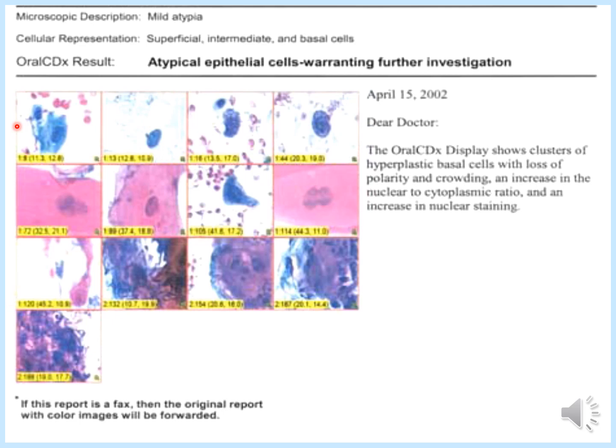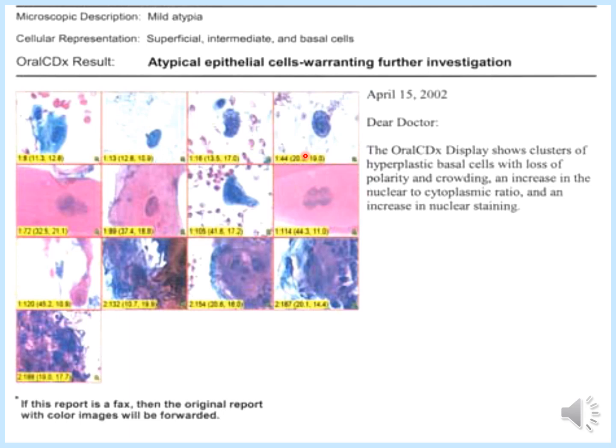Then you send it off to the lab, and the lab, using computerized algorithms, comes up with images of abnormal cells as well as measurements of the nuclear cytoplasmic ratio, the nuclear diameter, and various other parameters that are indicative of ATPR. ATPR means abnormality of the epithelial cells.